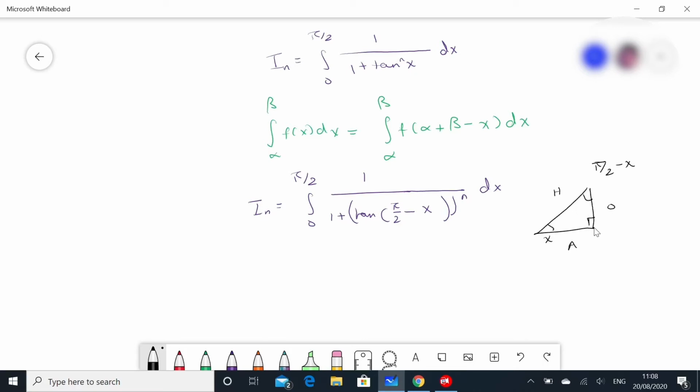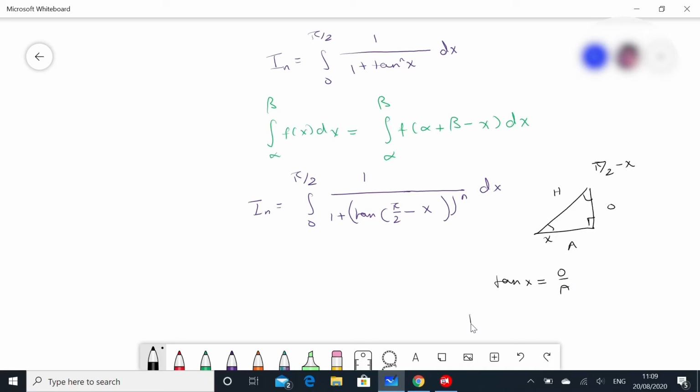These two added together is 90 plus x, or pi over 2 plus x, and angles in a triangle add up to pi, so we have pi minus pi over 2 minus x, which will give us pi over 2 minus x.